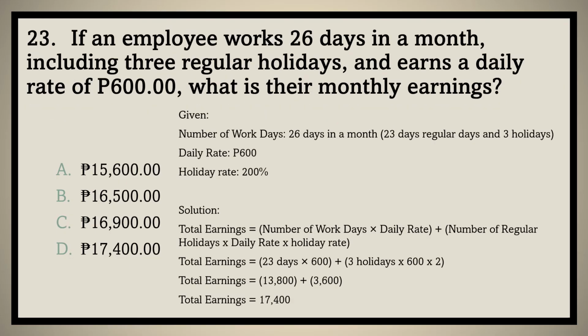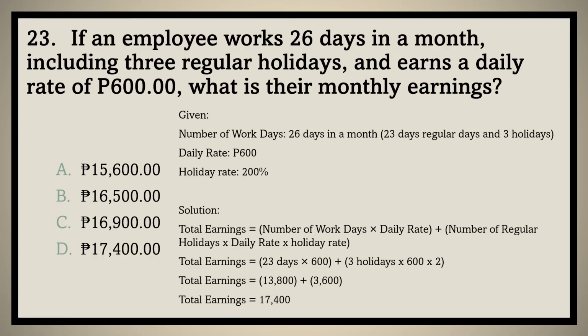To calculate the monthly earnings of the employee, we need to consider the following factors. Number of work days, the employee works 26 days in a month. Daily rate, the employee's daily rate is 600 pesos. Now, let's break down the calculation. Total earnings equals number of work days times daily rate, plus number of regular holidays times daily rate times holiday rate.